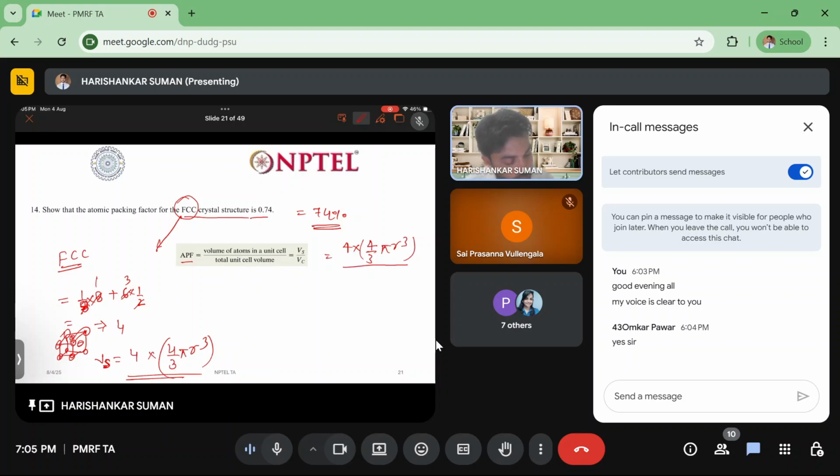You can also see the total unit cell volume is A cube, and find the relation between A and R. What is this?